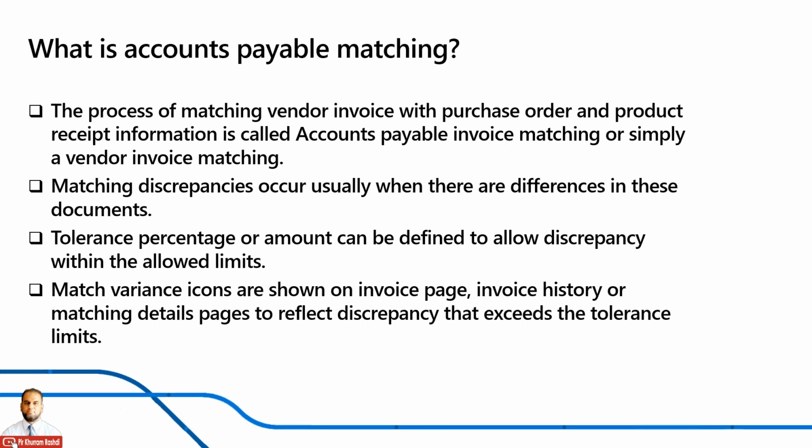Then there are match variance icons which are shown, for example, on the invoice page whenever there is a certain variance. These signals or flags help whoever is entering the vendor invoice in the accounts department. They are available not only on the invoice page, but also on the invoice history or matching details page to reflect a discrepancy that exceeds the tolerance limit.